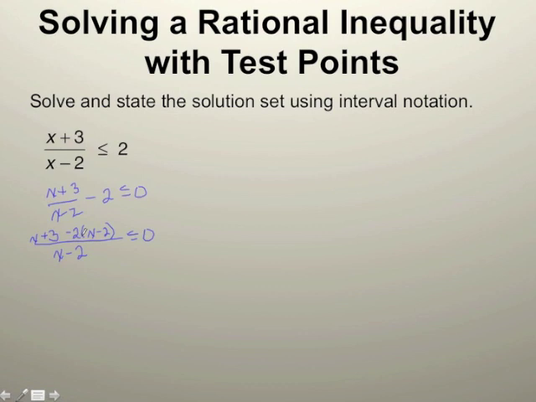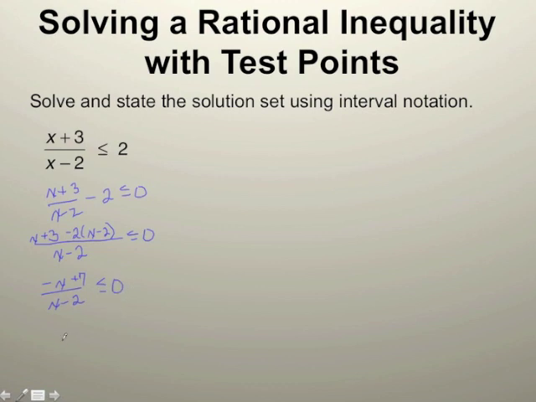That'll give me negative 2x and a positive x, so I have a negative x. And negative 2 times negative 2 will be 4, so negative x plus 7 over x minus 2 is less than or equal to 0.